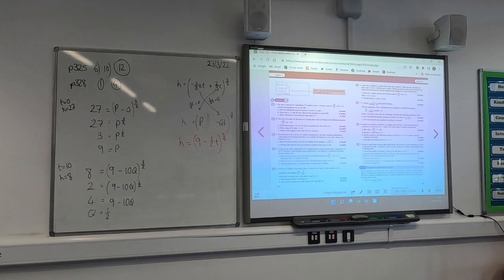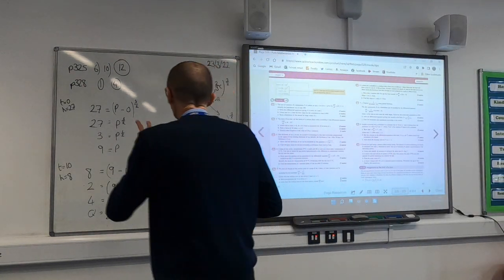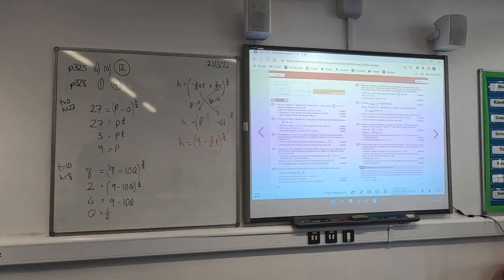But I'd like to look at question 4 next lesson. So if we could have a go at those 3 questions I've circled. One on page 325, which involves partial fractions, and then 2 of these are referred to as modelling type questions, so page 325 and 328.